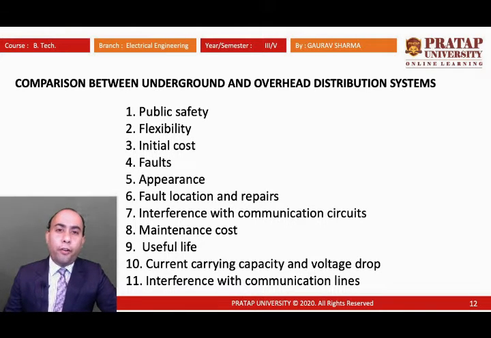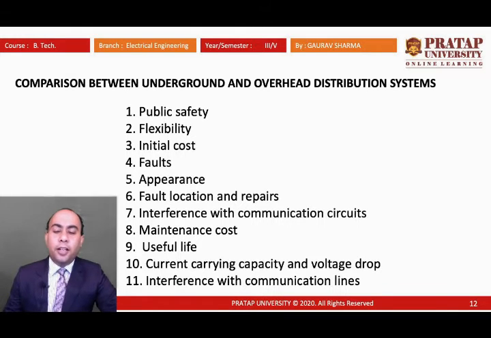When we talk about faults, fault identification and repair is very easy in the overhead distribution system, but in the case of the underground system it's a very typical task. Fault repairing is easy and less time consuming, but identification of the fault is very complex and a very lengthy process.